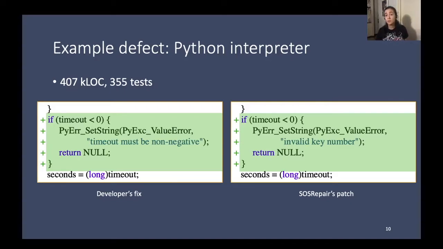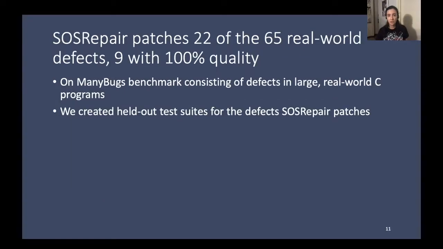Before I dive deeper into how SOSRepair works, I want to give you an idea how it actually performs on real programs. So we evaluated SOSRepair on the ManyBugs benchmark, which consists of defects in large real-world C programs. And to measure the quality of the patches that SOSRepair creates, we created secondary or held-out test cases for the defects that it can patch.